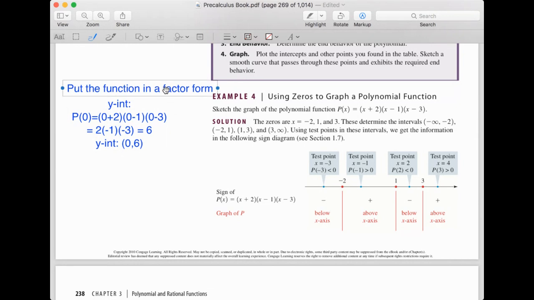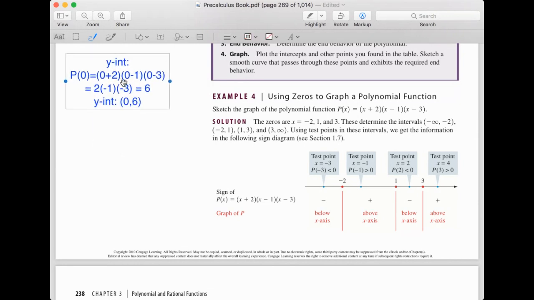Well, let's try to find the x-intercepts. X-intercepts are a little bit troublesome, but with the factor form, it's easier to deal with. We set the function value to 0. So p of x, which is x plus 2 times x minus 1 times x minus 3, equals 0.